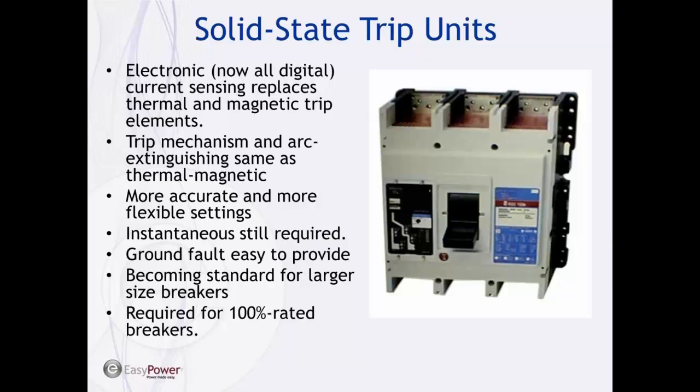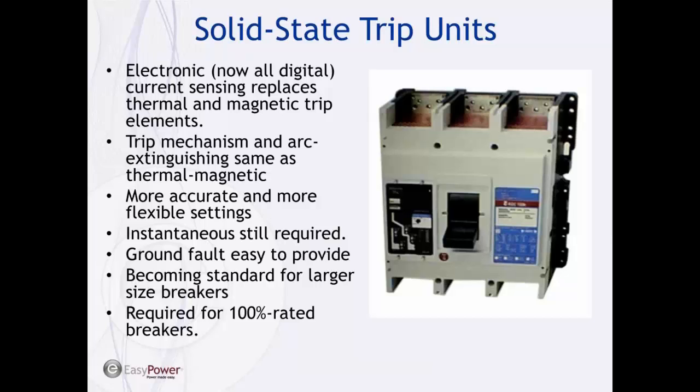So the tripping mechanism and the arc chutes and all that, lugs and everything is pretty much the same. It's really just the overload and short circuit tripping sensing that is different in the solid-state units, obviously. The advantage is that you get much more flexibility in the settings.